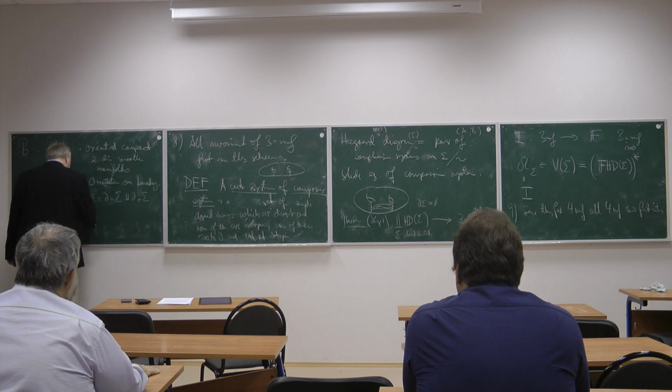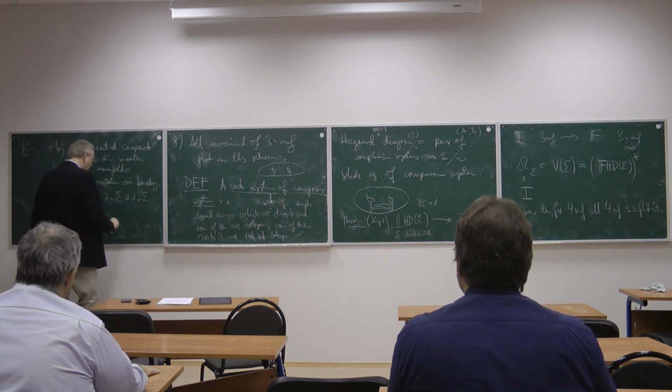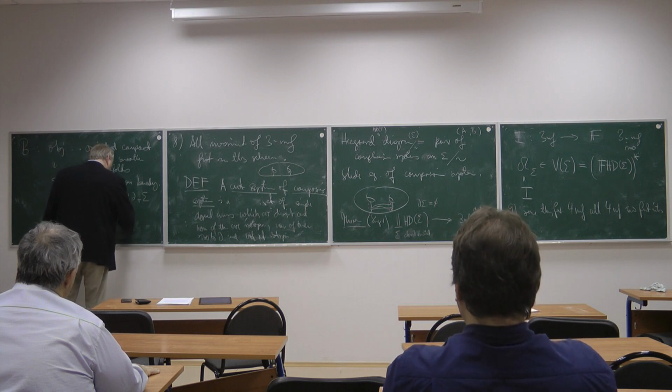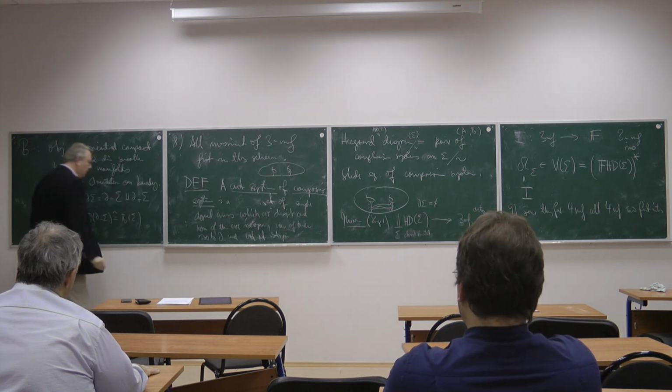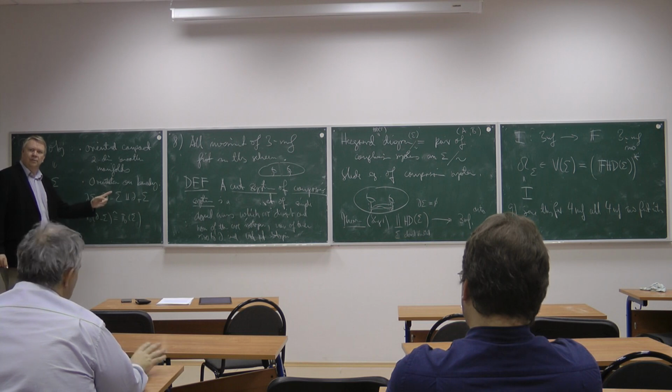I want it exactly such that if I take pi 0 of the negative boundary and look at the natural map induced by inclusion into the surface, this induces an isomorphism on pi 0 of the surface. In other words, each connected component of the surface has exactly one minus boundary and all the others plus.